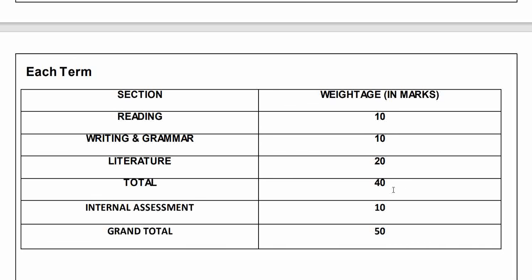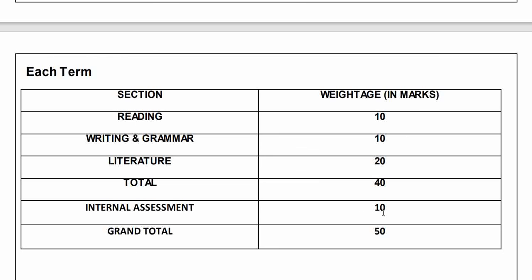The internal assessments, which were 20 marks earlier, have now been distributed to each term, so 10 marks. Again, this is weightage, 10 marks of weightage. You may still have your internal assessment, that is your periodic assessment 1 and periodic assessment 2. For periodic assessment 1, you may have a written short paper, and only the weightage will be taken from there.